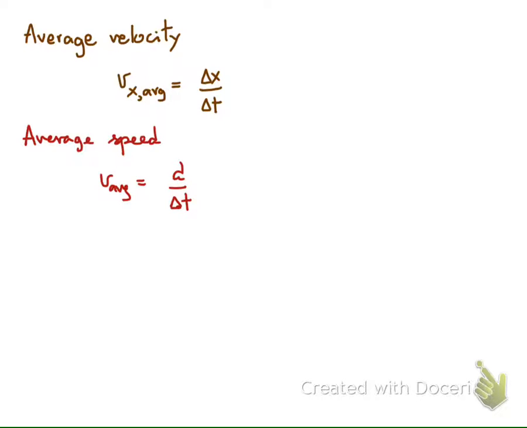You can see the notation is a little bit different. For the average velocity, we have to specify x to know that it is the average velocity in the x direction. But for the average speed, you don't have to specify the direction because the speed is a scalar. So we just measure the length. It's nothing to do with the direction. So we have the notation like this for the average speed.